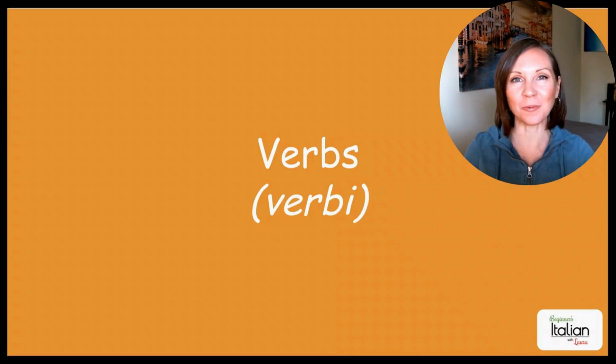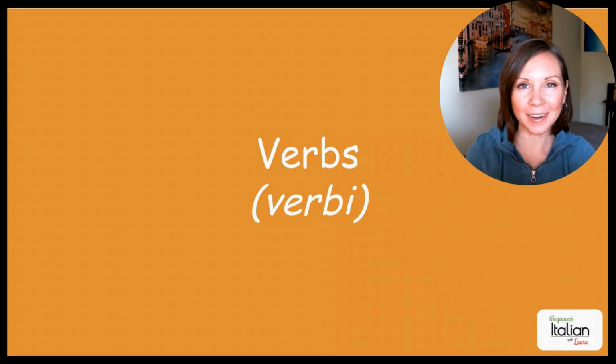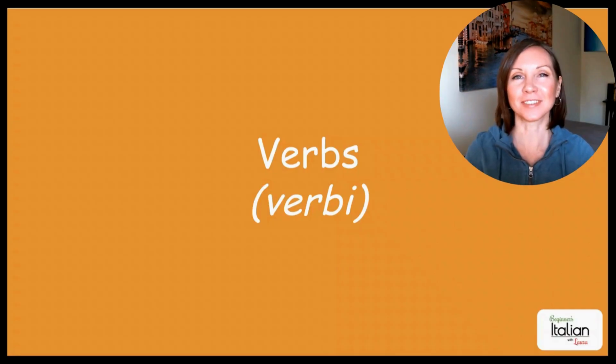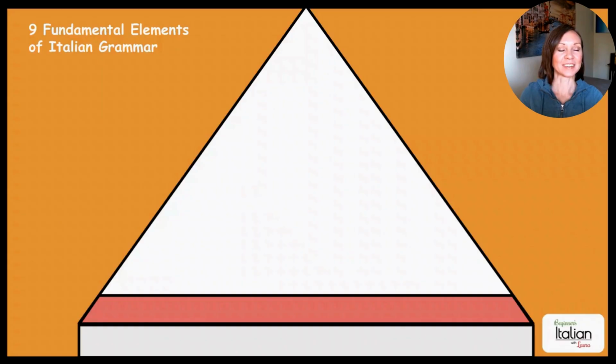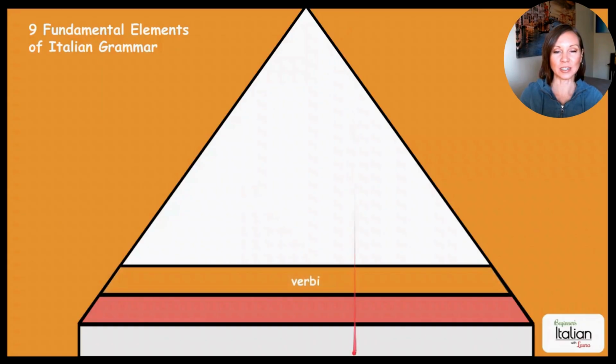We're just going to walk through bit by bit and get you familiar with verbs. They can be a bit overwhelming, but just take it one step at a time, and we'll try not to get too overwhelmed by it. So we are on to verbi. We're on the second rung already.